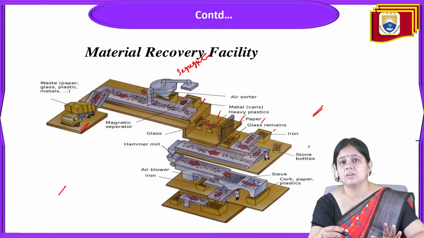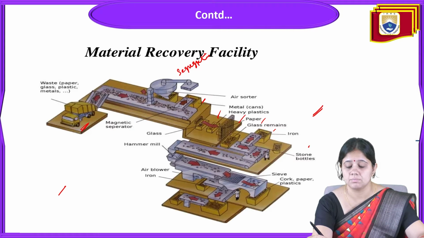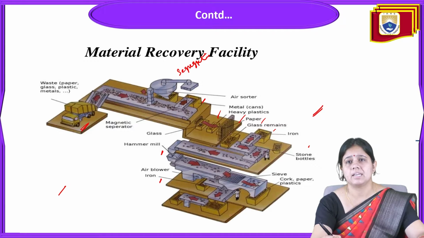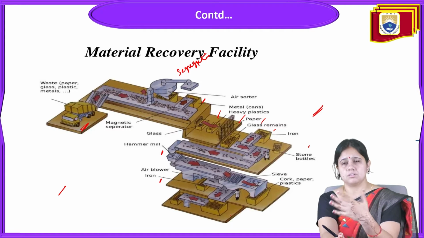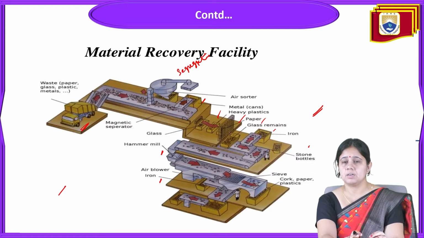If stone bottles are there, then via this ramp they go through a hammer mill, and then via this ramp they go through air blow and dry, and then to the material recovery facility. Whatever method should be there for that particular waste will be applied. So this is the whole picture of the material recovery facility.